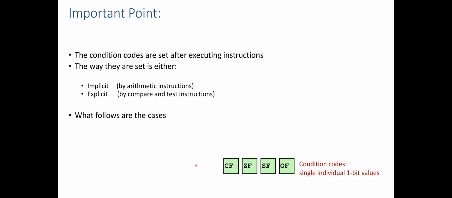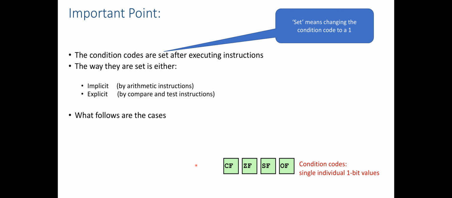And so you'll see the different cases here as we go along. An important thing to remember here is when we say set, we mean change a condition code from a 0 to a 1. I'll keep saying these codes are going to be set. That means they're going to be set to a 1.